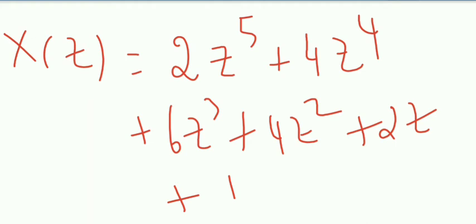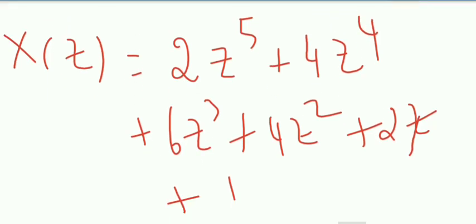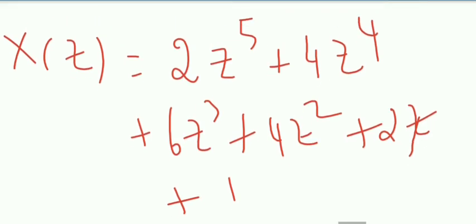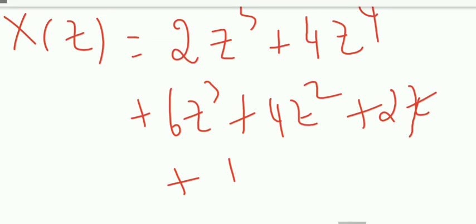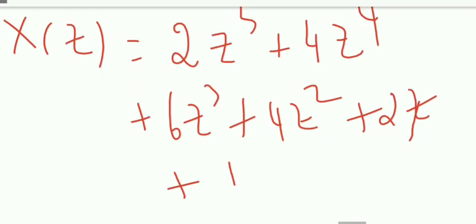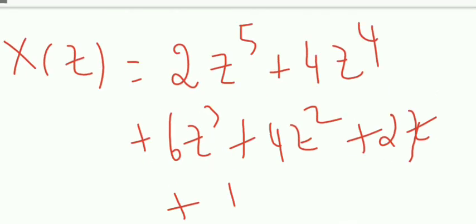From this we have to find the region of convergence. To find the region of convergence, we have to find whether the z transform exists in all parts.